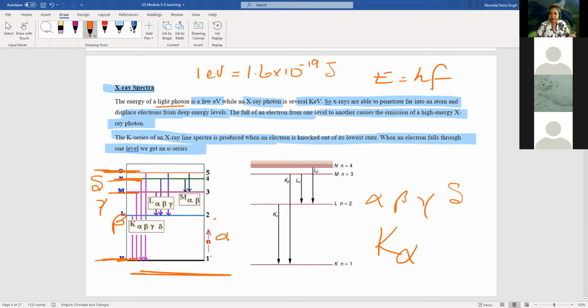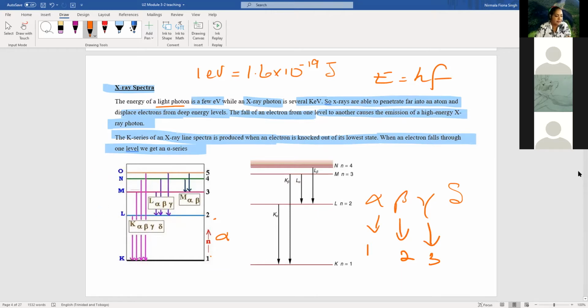Pretty cool, they have it labeled very well. Alpha, beta, and gamma basically tell you how many levels it dropped from. Alpha means one level. Beta means two levels. Gamma means three levels. So let's keep that in mind when we look at the other ones.